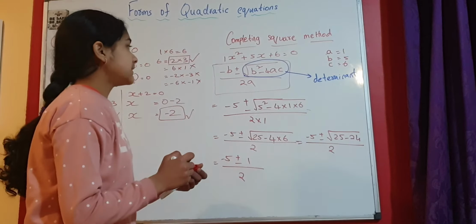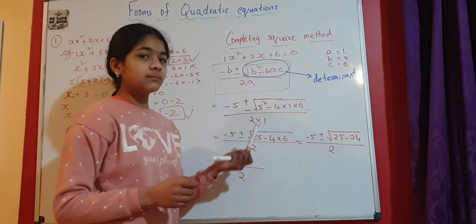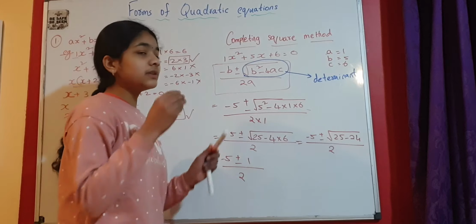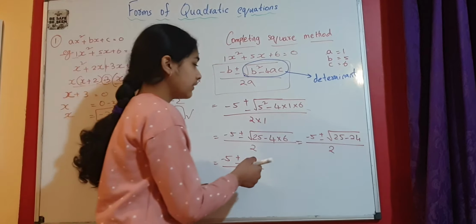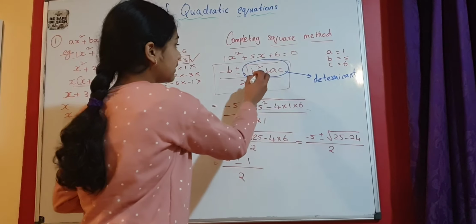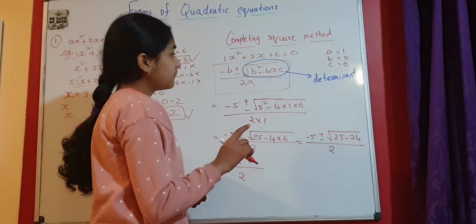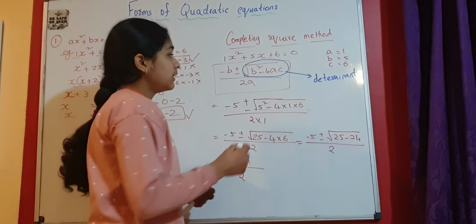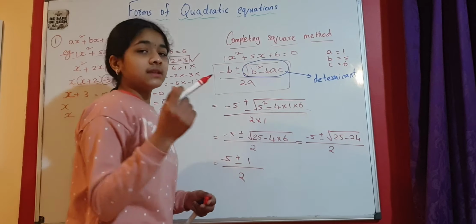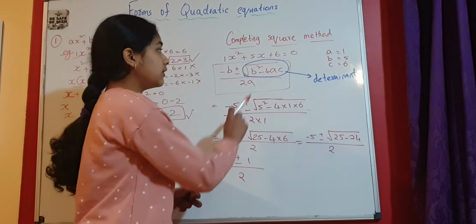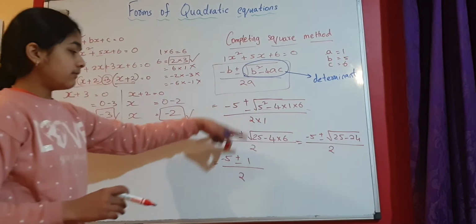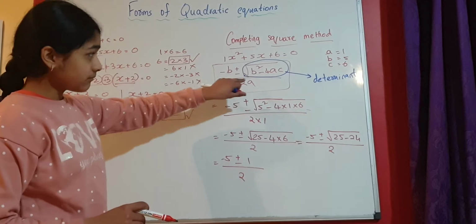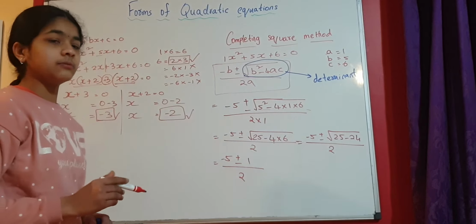Now the rule is, if you get the determinant more than 0, which means positive, then it's possible to solve. If you get a negative number, that means less than 0, it's impossible to solve the equation. So now we got 1, which tells us that this equation is possible to solve.